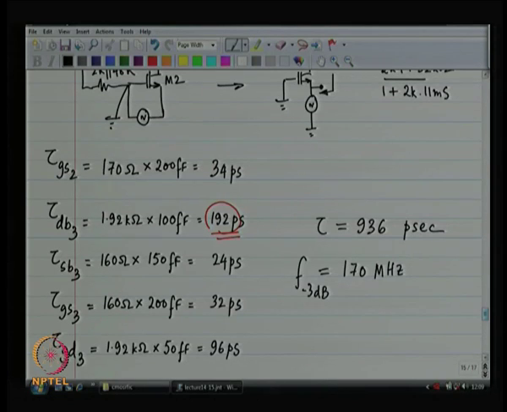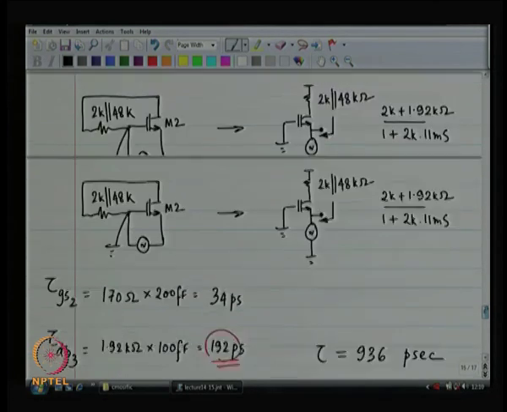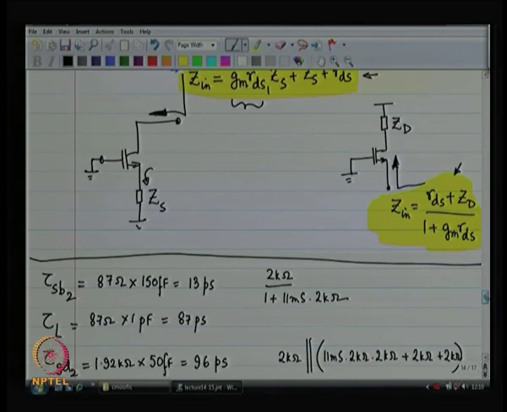So, let me keep adding. Gate to drain of device number 2 remains the same.